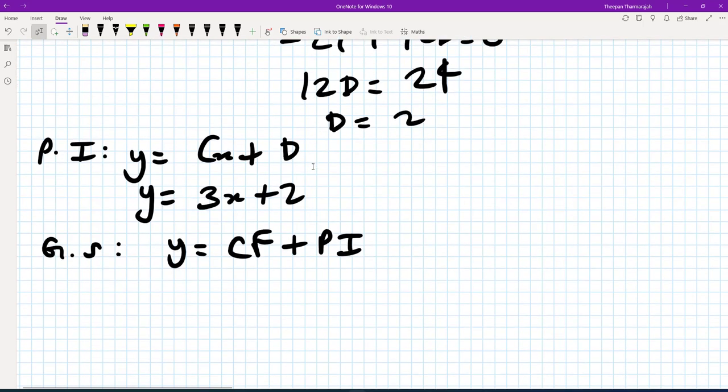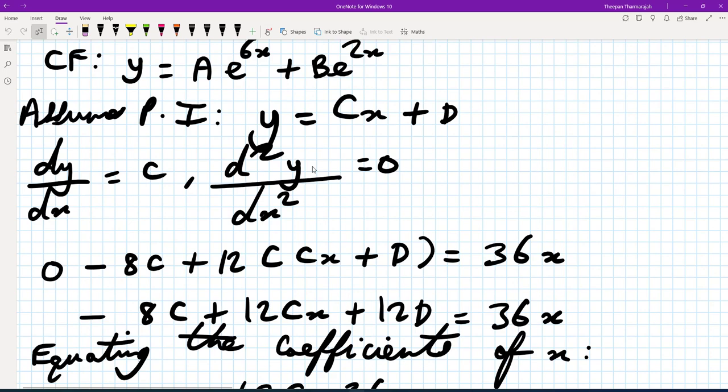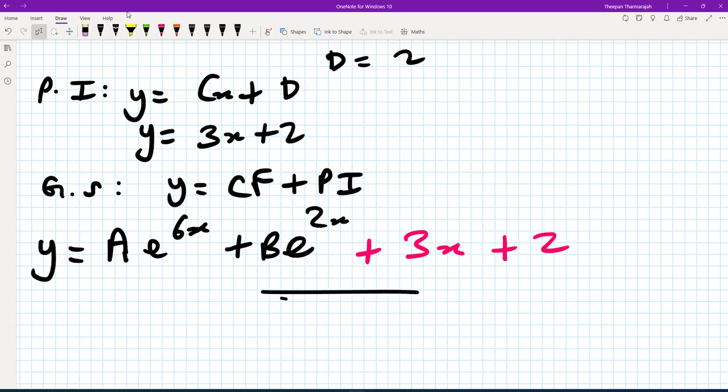Let's write that down. y equals a times e to the power 6x plus b times e to the power of 2x plus the particular integral, which is in pink here, 3x plus 2, and that is our general solution.